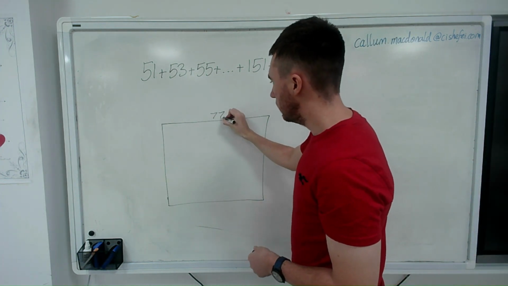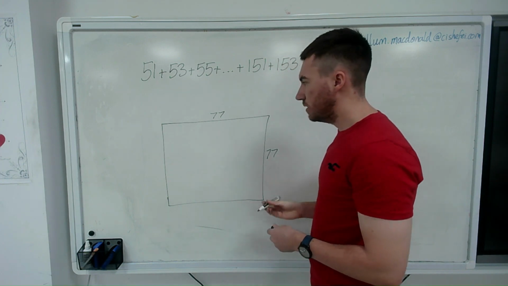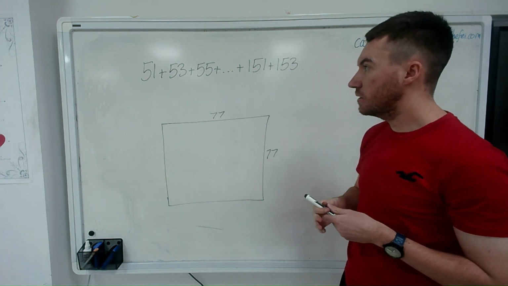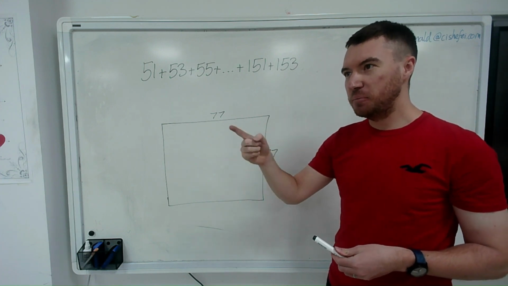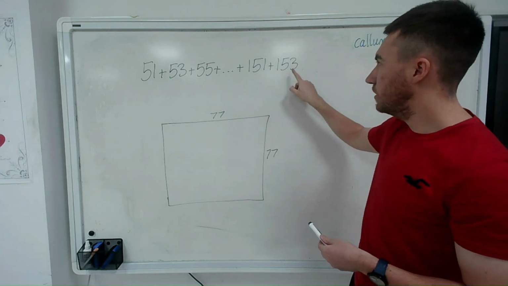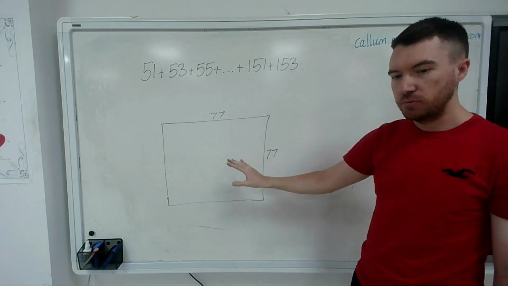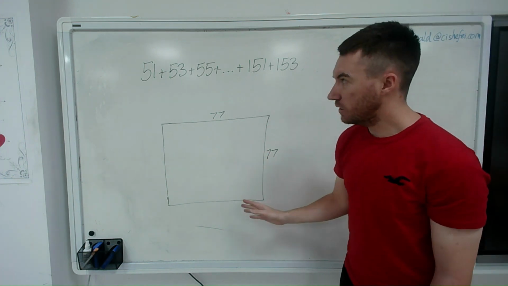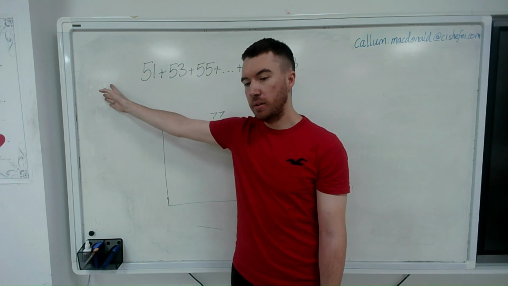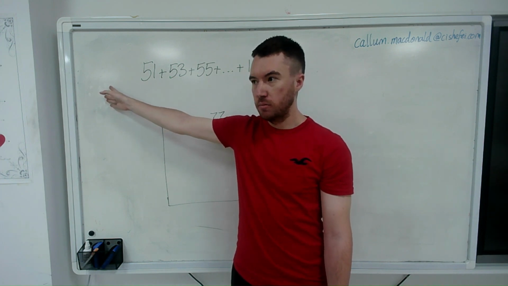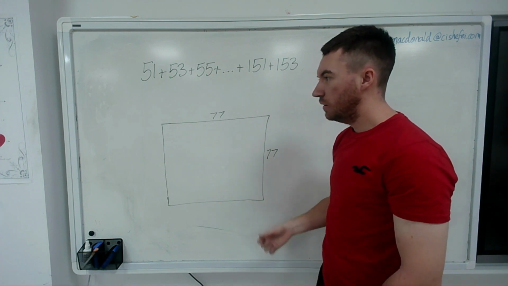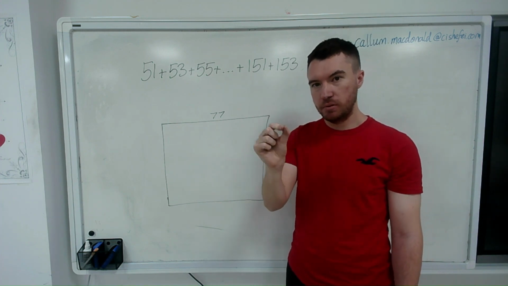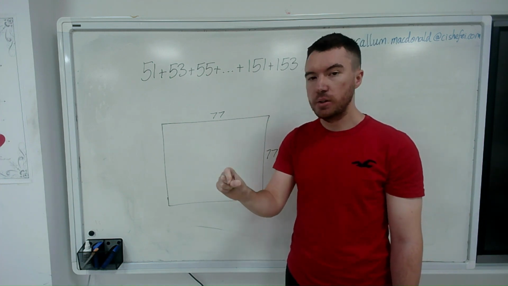If this square is 77 long and 77 tall, that is 1 plus 3 plus 5 plus 7, dot, dot, dot, all the way up to 153. Right? We know that. However, the first part is missing. Now, where is the first part? If we remember, how did we build up our squares in the first place?